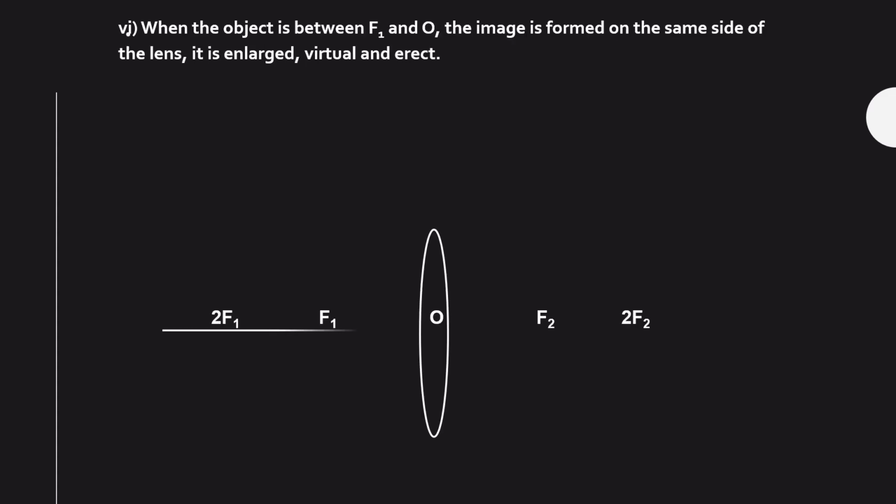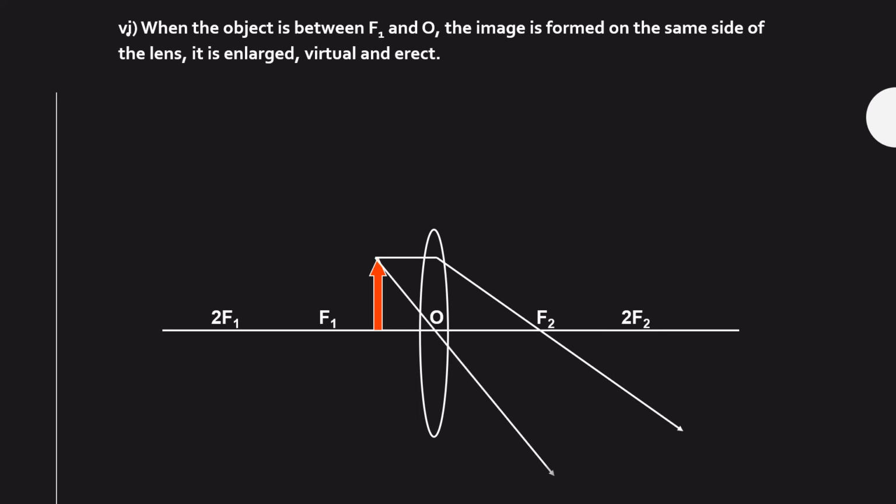When the object is placed between f1 and optical center. Ray parallel to principal axis, under refraction passes through focus. Ray passing through optical center moves undeviated. Now again, we cannot have an image on this side of the lens. So the rays are extended backwards.